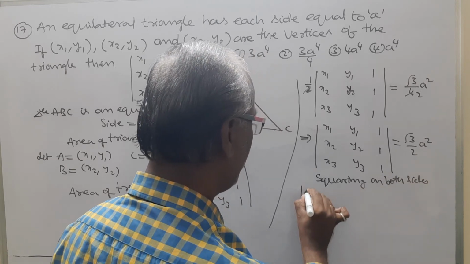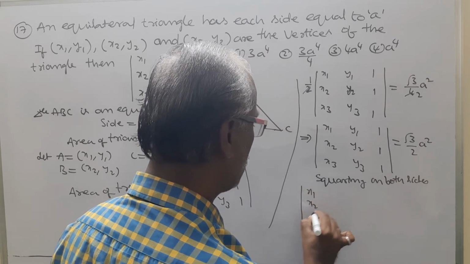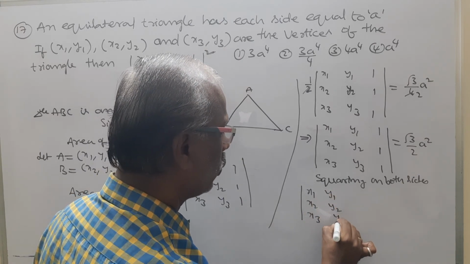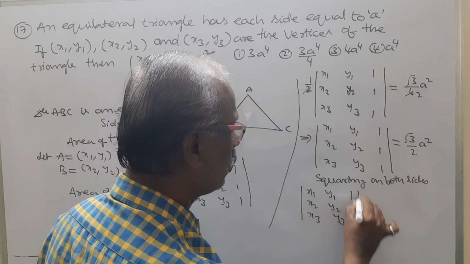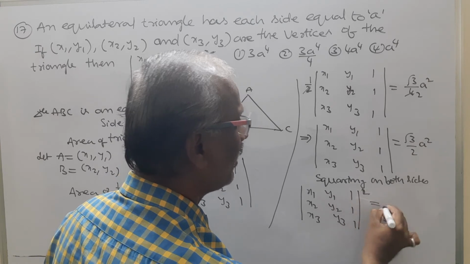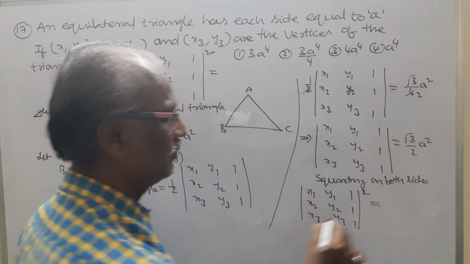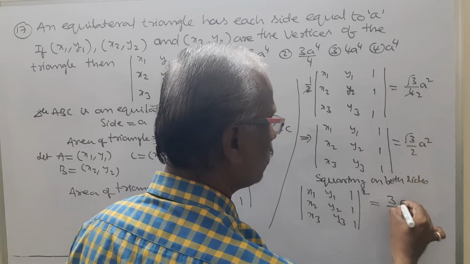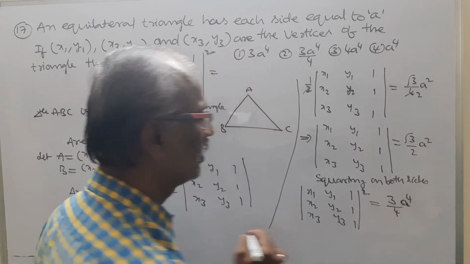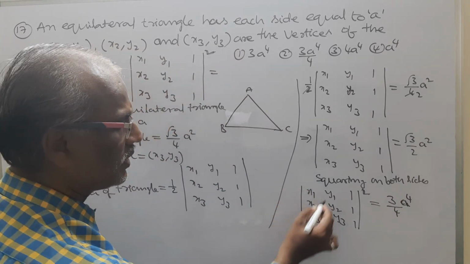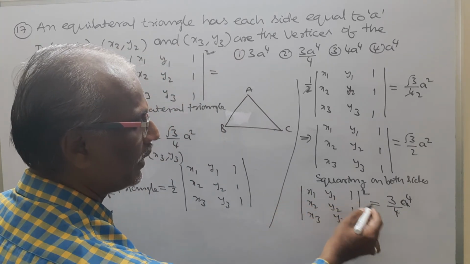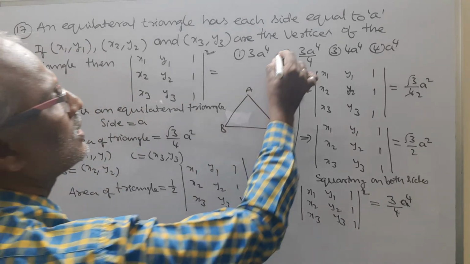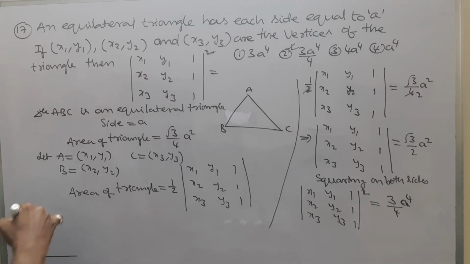Then the determinant squared; root 3 whole square is 3, 2 square is 4, and a square whole square is a power 4. So the determinant square equals 3 by 4 a power 4. This is the second option, which is correct.